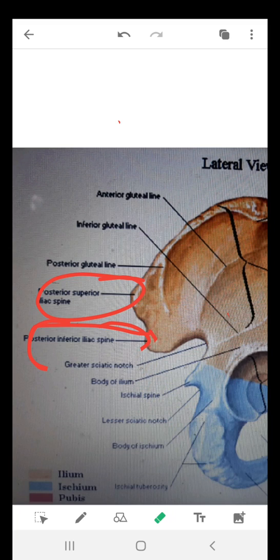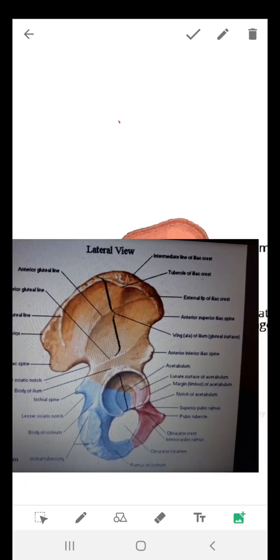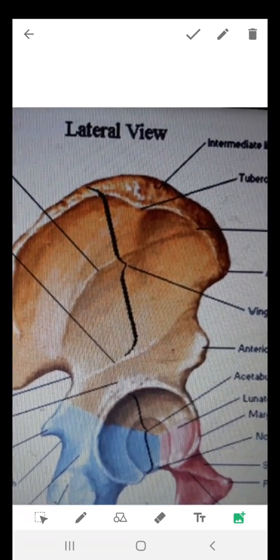A time will come when they are going to be called the greater and lesser sciatic foramen. In life, it's not called the notch, it's called the greater sciatic foramen. In the course of our lectures on the lower limb, we'll come across structures that enter and leave this foramen.